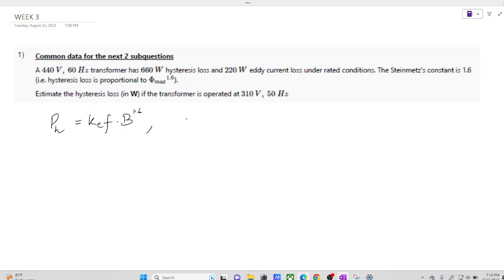Next, eddy current loss is K_E F squared B squared, and it is also a function of thickness T squared, but since this is constant we are not considering that. Also, flux is proportional to B, and this is proportional to V by F. In the last session I told you that flux in a machine is proportional to V by F.